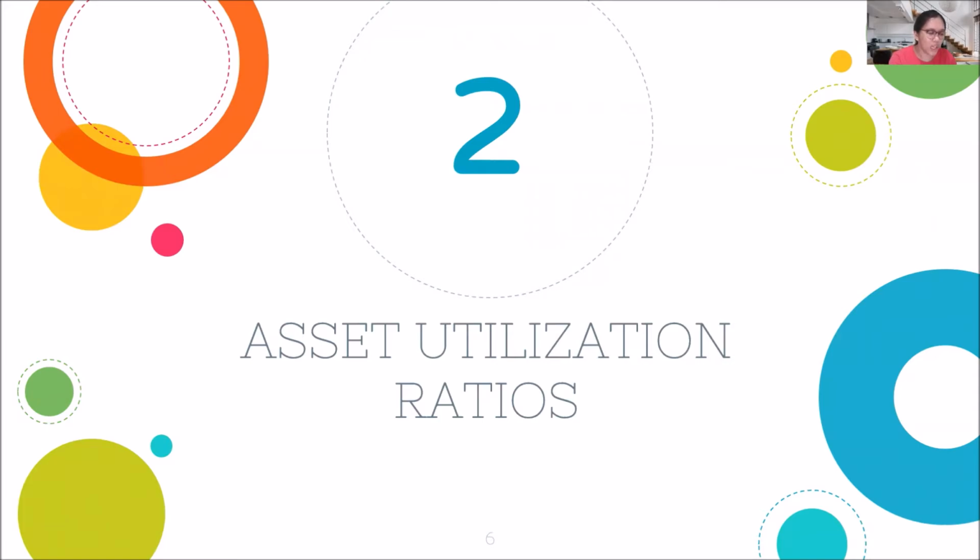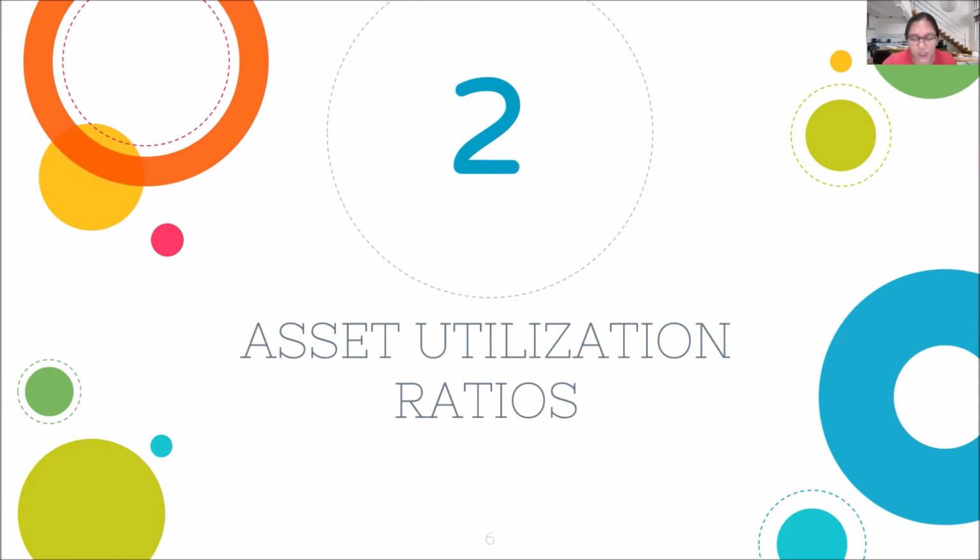Di ba last time I have discussed na meron tayong 5? Meron akong pinapakompute sa inyo. Actually, I have given you this in advance for you to compute the ratios. Then we will just discuss what does it mean, di ba? So, we have 5. So, under asset management ratio, we have the total asset turnover, the fixed assets turnover, the inventory turnover, receivable turnover, and also the working capital turnover.